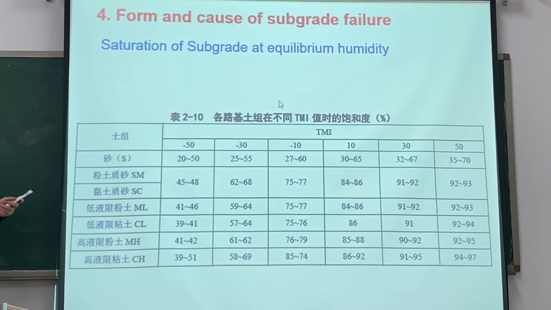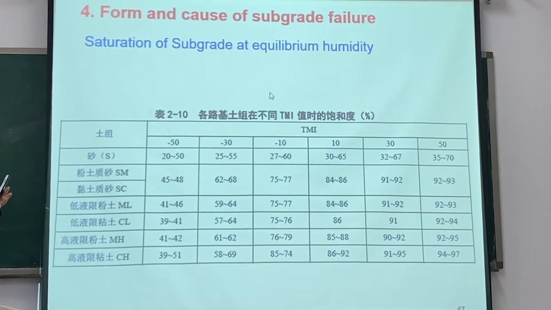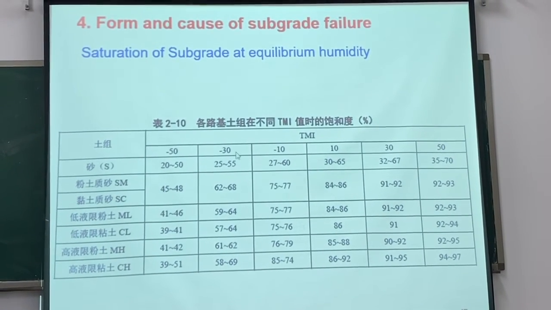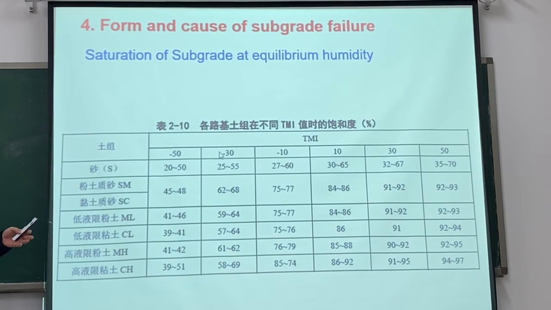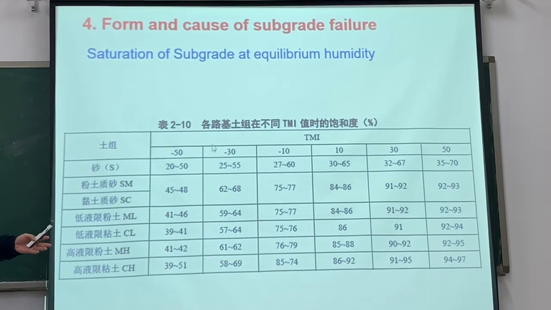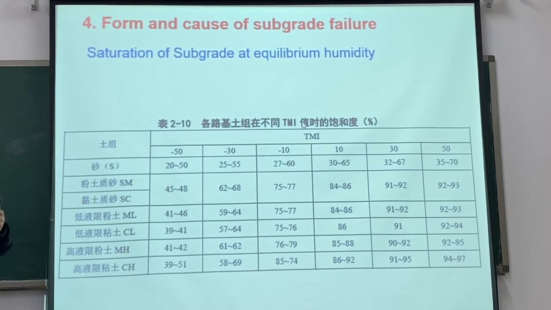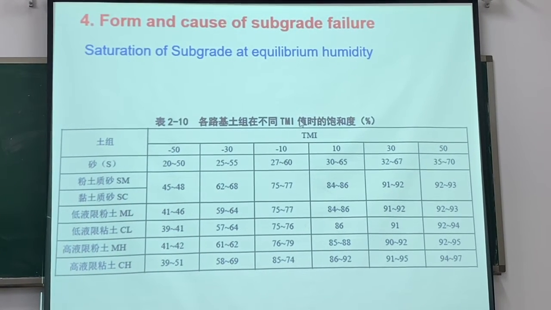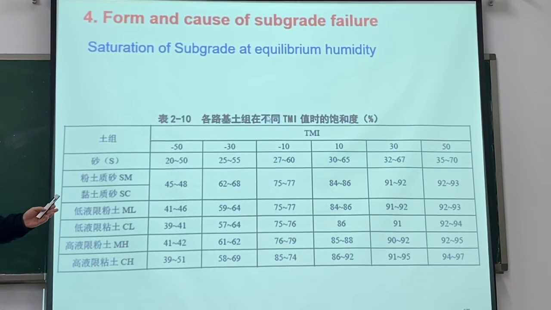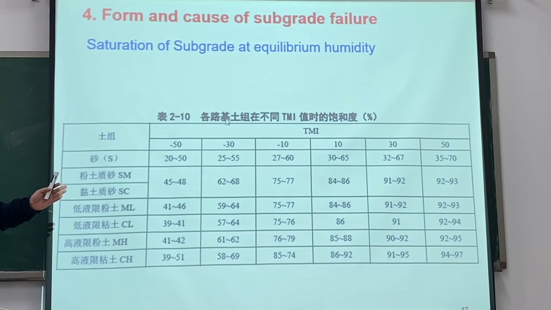Now, when we have the TMI range, we can use this table, according to the different soil groups, to determine the saturation of soil in the different subgrades.